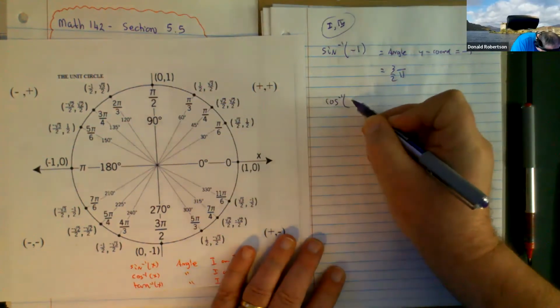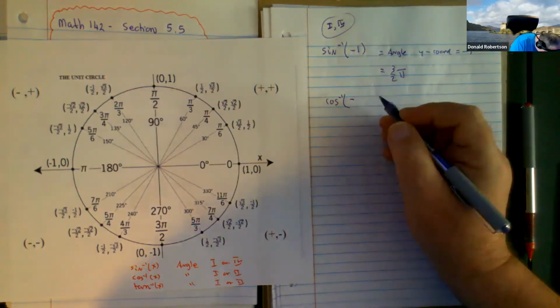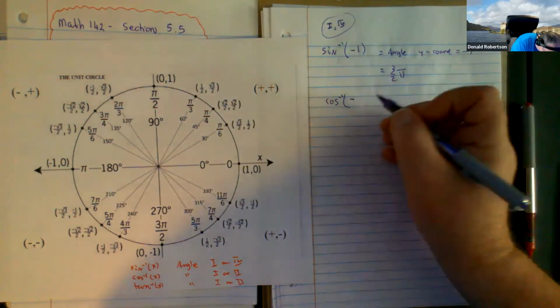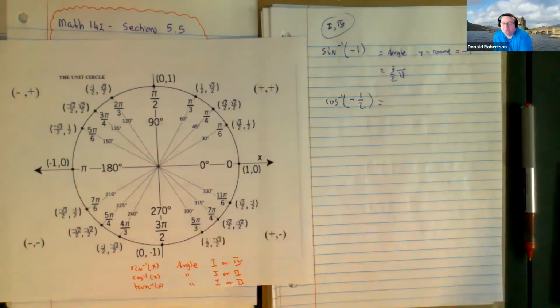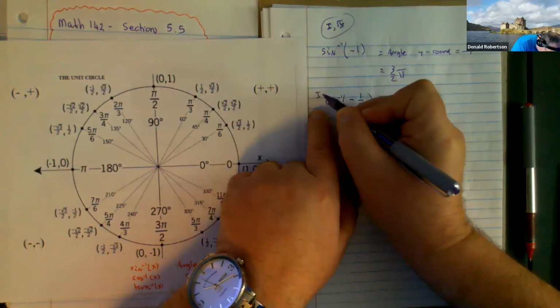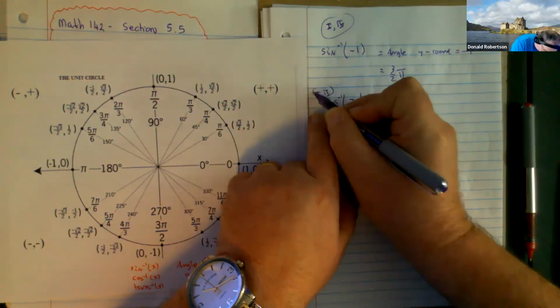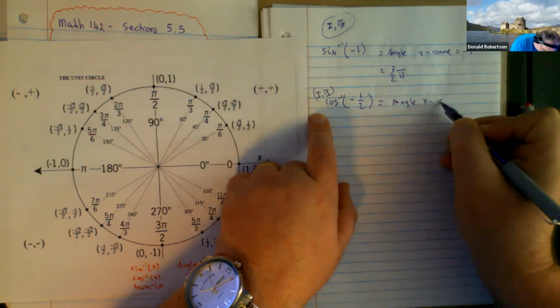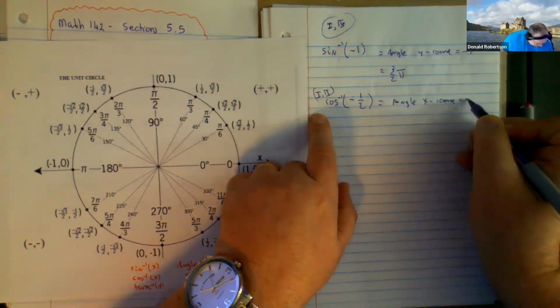How about negative? There are only so many answers you can actually be given in a unit circle. How about that one? Now, since it's inverse cosine, the answer has to be in the first or second quadrant. So I'm looking for an angle whose x coordinate is -1/2.